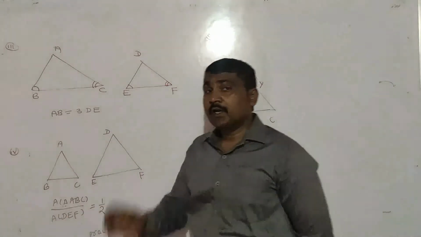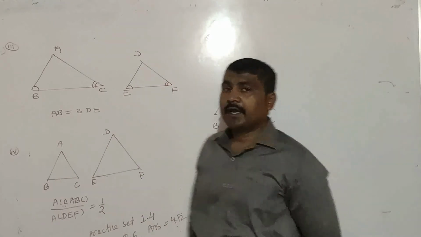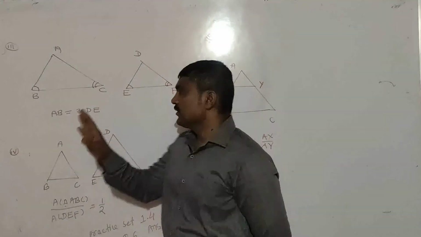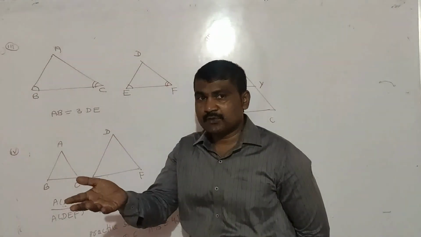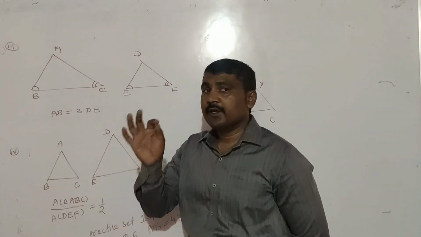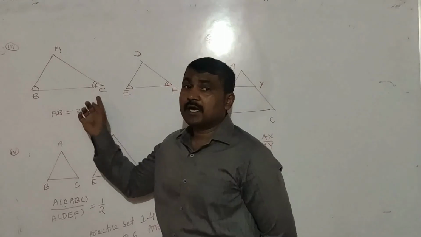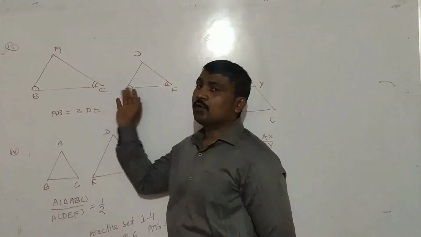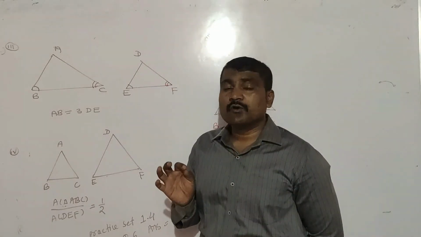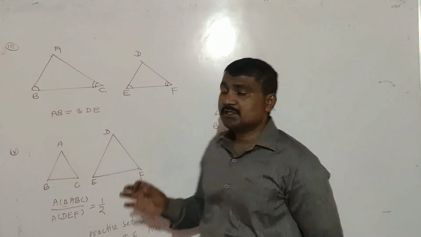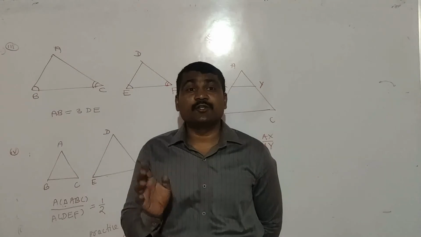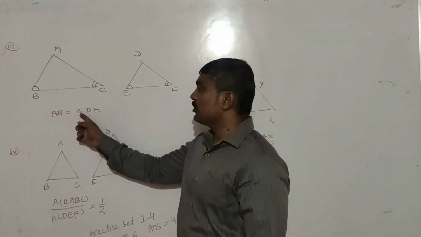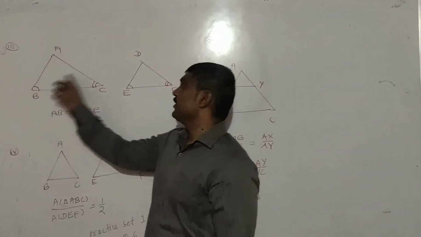Okay, but 4 options are given there, and in that 4 options, some options say two triangles are similar, and some options say the triangles are congruent. Check whether the given two triangles are congruent. Congruency means all the corresponding sides should be same. Here you can check AB is equal to 3 times DE.